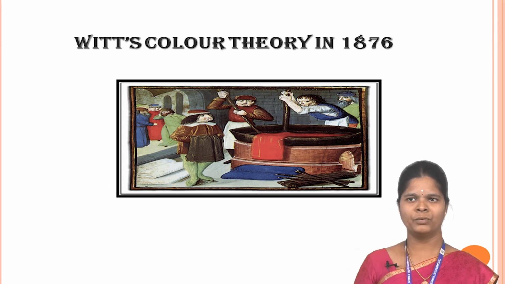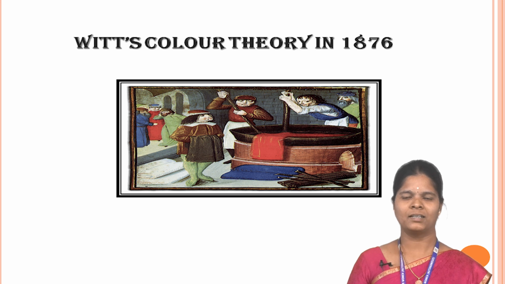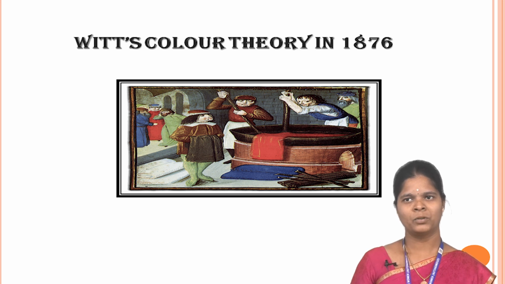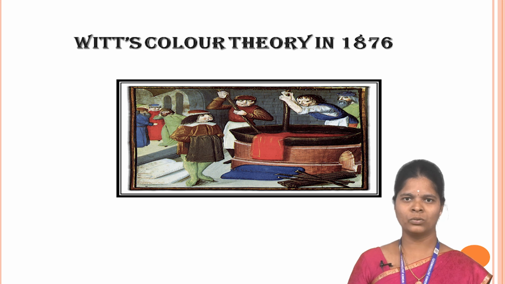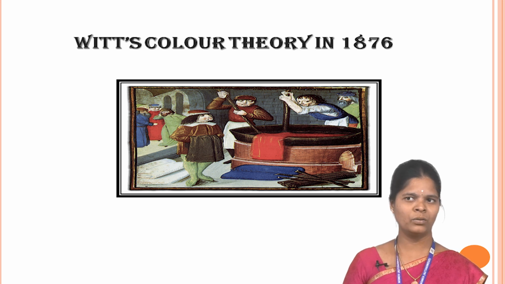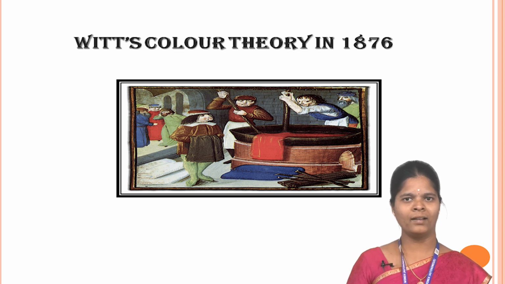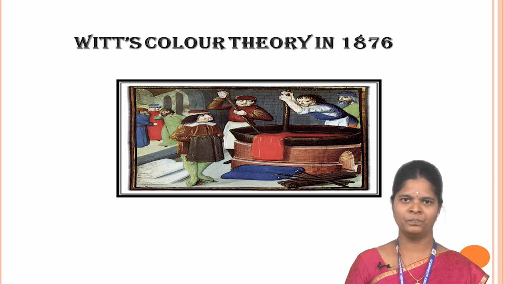Now we talk about Witt's theory. In 1876, Witt proposed that dye molecules contain two groups: one is the chromophore group and the other is the auxochrome.